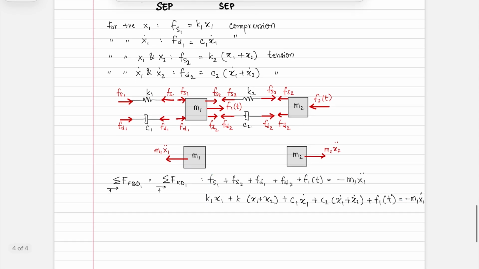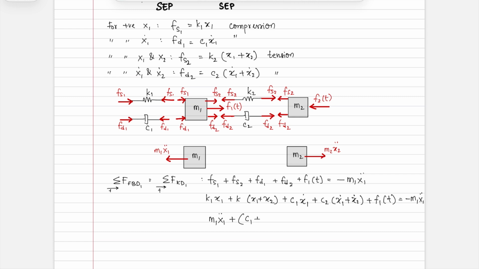And if I were to rearrange it, now I want to capture all the x1 dot terms next, because in the standard form you go from the highest derivative to the next highest and then the next highest and so on. In this case, x1 double dot came first, so now I'm looking for all the x1 dot terms.